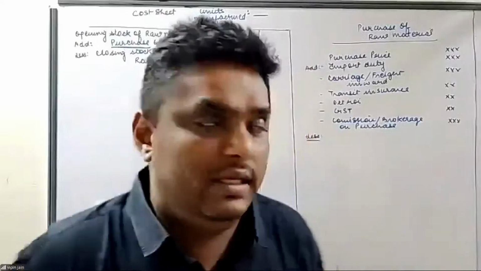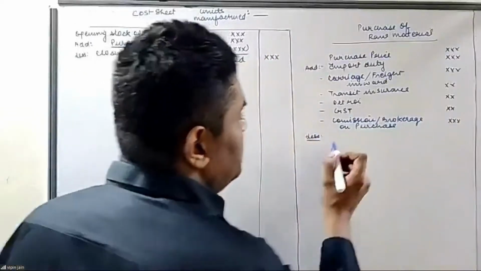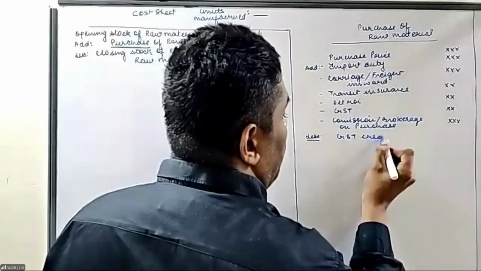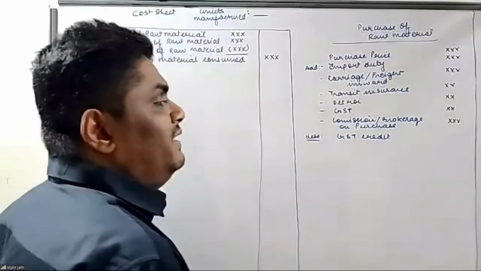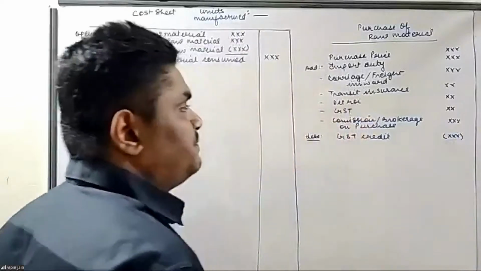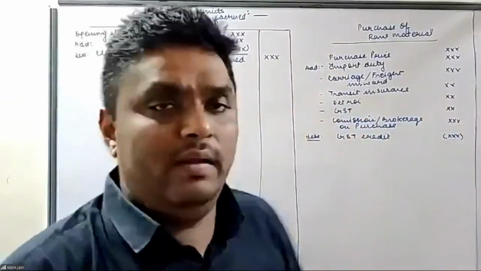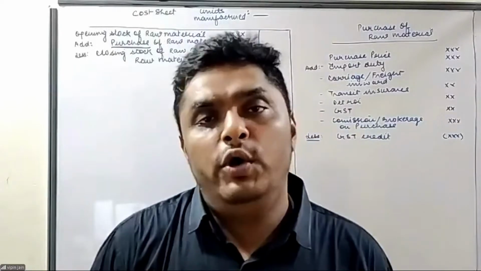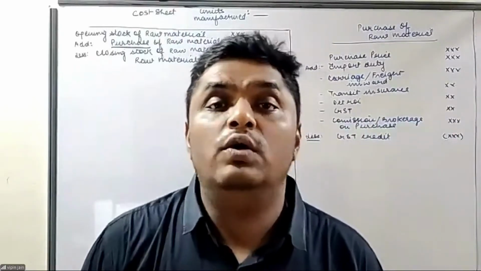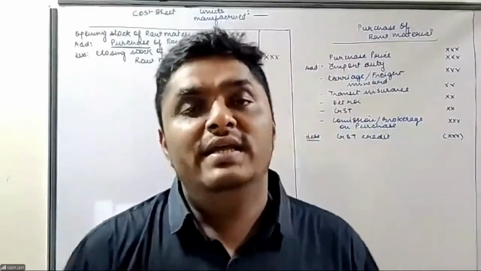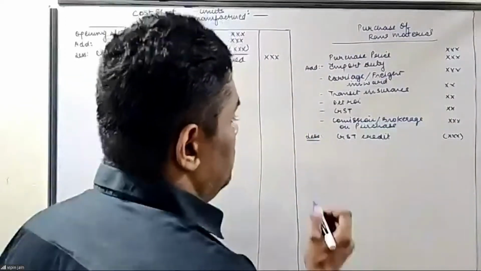Better ignore GST. I'm writing it for your reference still. Further, generally the government gives duty drawback also on import duty. So if we are getting any sort of export entitlement or duty drawback on purchases, then again it will be deducted.